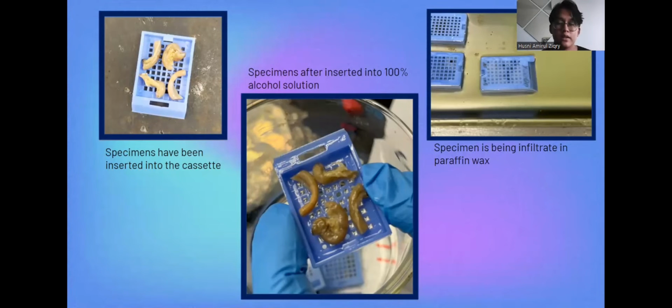Before we dehydrate the specimen, we have to put it into the cassette. The second picture, the middle one, is the specimen after being inserted into 100% alcohol solution. This is before we put the specimen into saline solution, the last part of the dehydration process before we move to the clearing process.